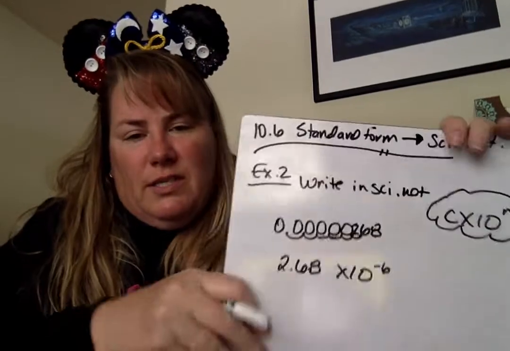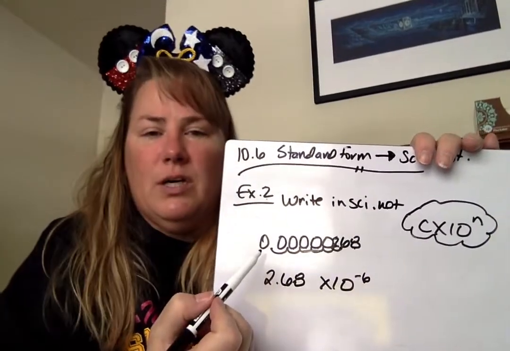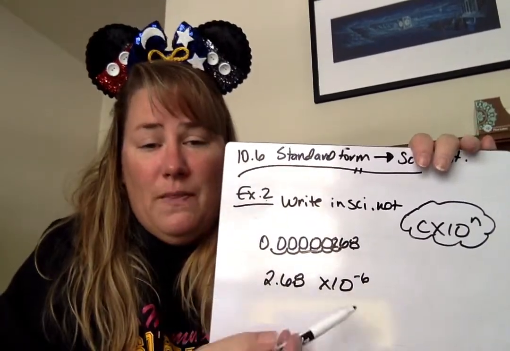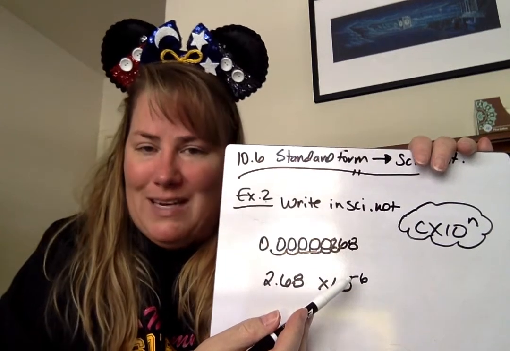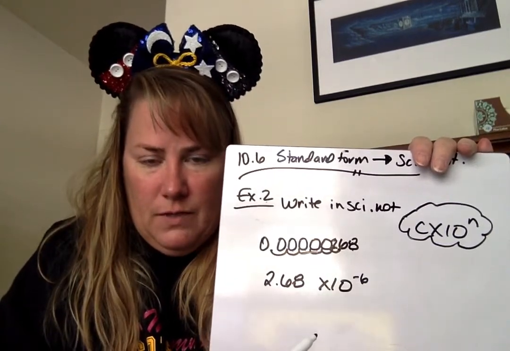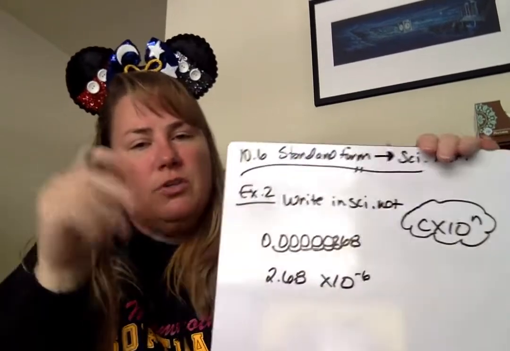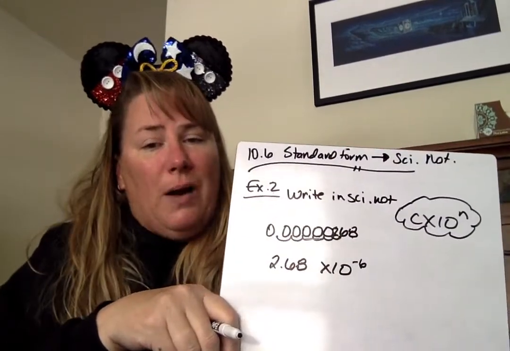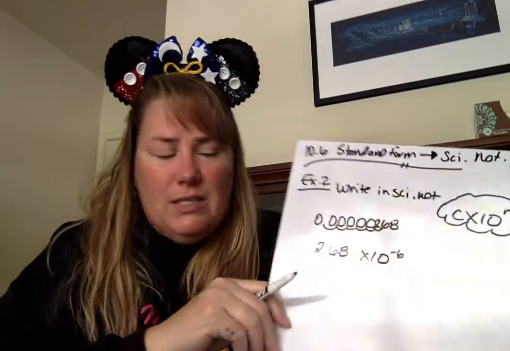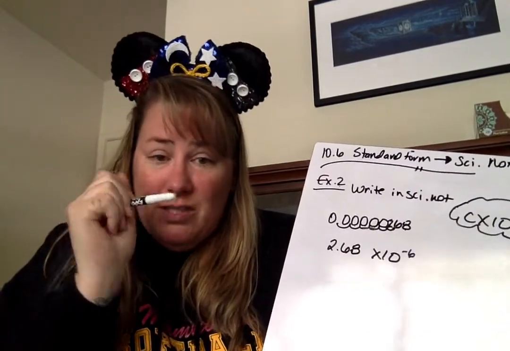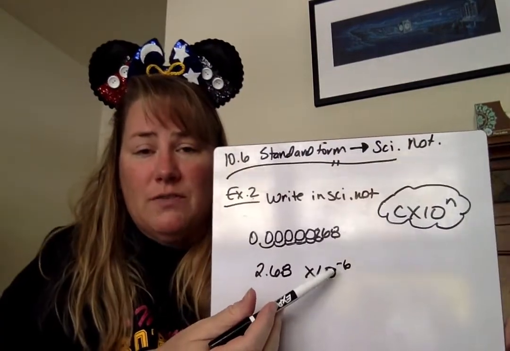When you write numbers in scientific notation and the starting number is less than 1 and greater than 0, your power is going to be negative. So just think, if your starting number is greater than 10, your power is going to be positive. If your number is less than 1 and greater than 0, your power in scientific notation is going to be negative.